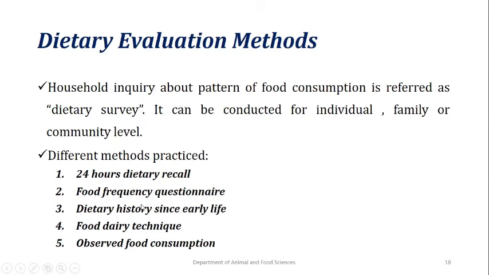So these questions are there. So it's a kind of chart. So it contains a list of foods and the quantity that he took and the frequency. Okay, then this is a kind of dietary evaluation method.